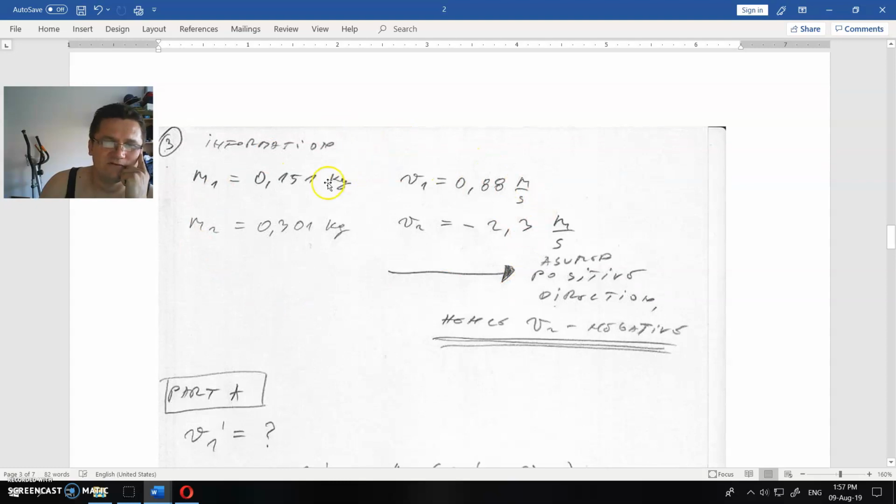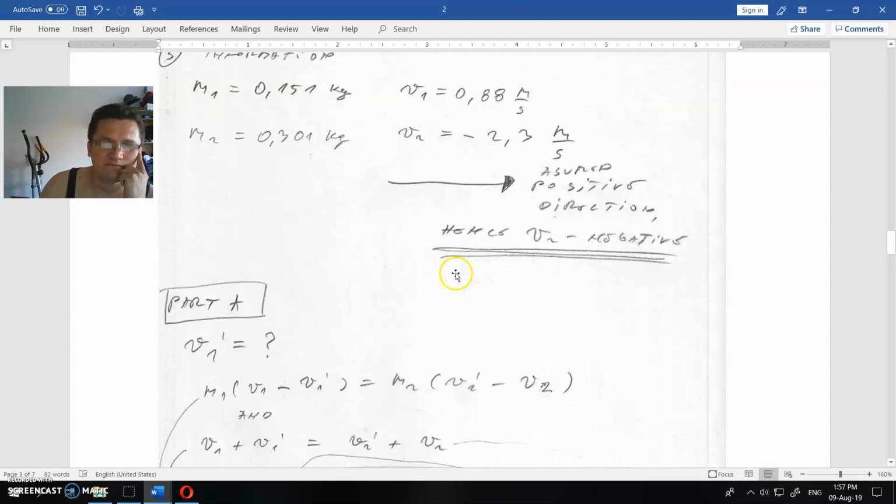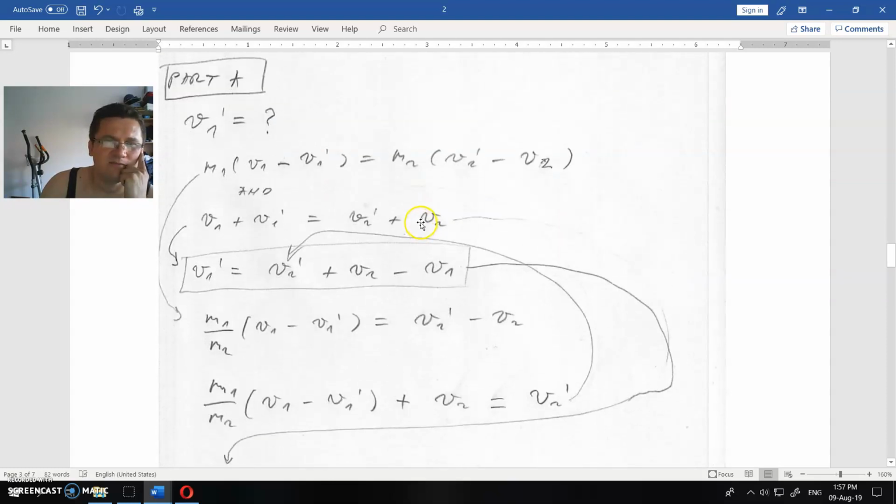Okay, this is informational, that I talked about before in the first part, but we will express V1 after collision. What will happen then? Combining those two equations, of course. From the second one, V1 prime is just this.